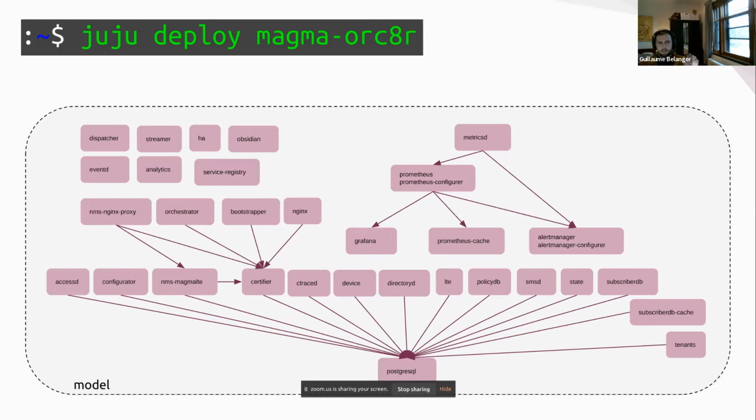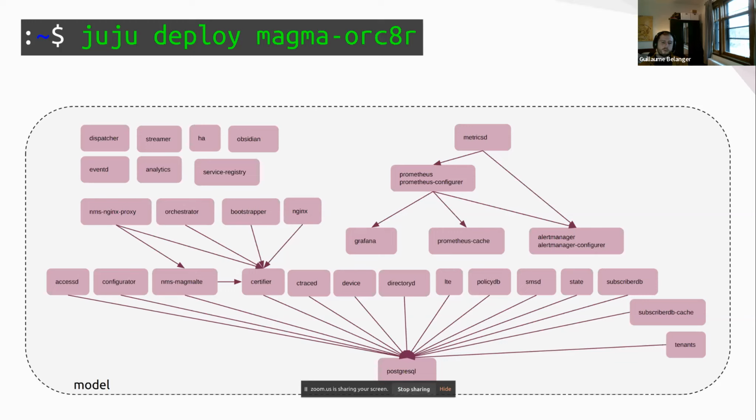What we see here, we also see arrows between some of those charms. And those arrows represent relationships. So I haven't yet introduced relationships, and I don't want to spend too much time on the details of it. But the idea of relationships ultimately is that they contain data that an application needs, and that is given by another application.